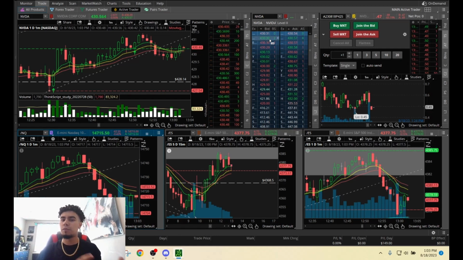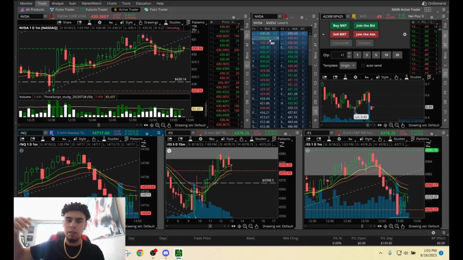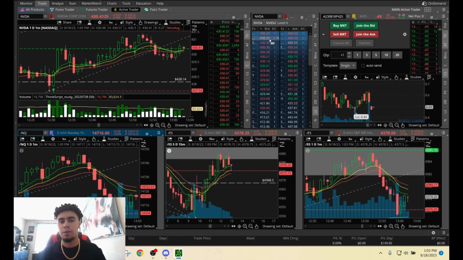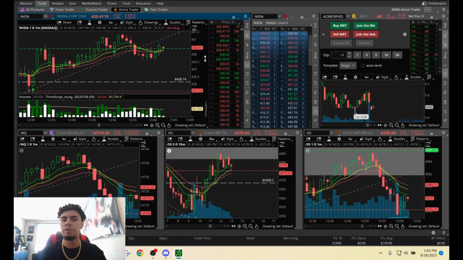It could start moving from 10 cents to 20-cent increments. So 430 and 30 cents to 430 50 cents, 70, and then that momentum can keep picking up. So it can go 50 cents, a dollar. Increment jumps are pretty big, but every stock is going to be different. So Apple is going to move differently than Nvidia, which is different than Netflix.